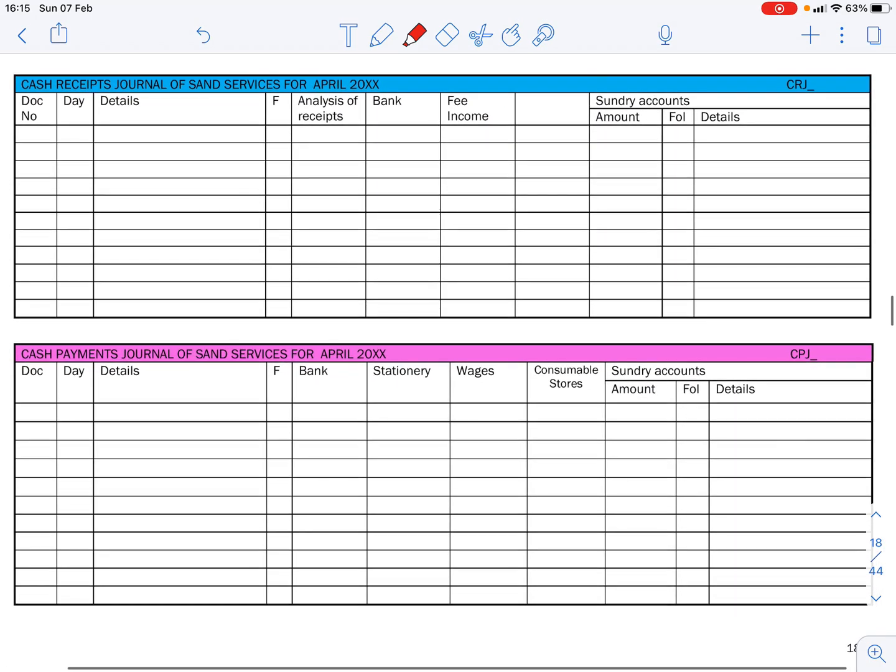Now, if we start with our transaction on the 1st, the owner Sally Sand deposited 100,000 Rand into the business's bank account. So the doc number would be a bank statement because she's deposited directly into the business's bank account. It takes place on the 1st. The owner's name is Sally Sand.